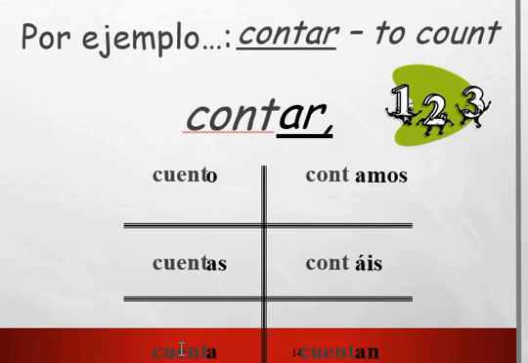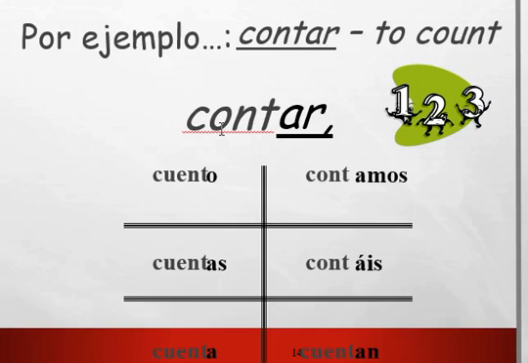He or she counts or tells, cuenta. Notice that we count does not change the O, it's contamos. The vosotros, or all of you form, also doesn't change, contáis. But back down to our last group, the ellos, ustedes form, they or all of you tell, cuentan, changes the O to a UE yet again.